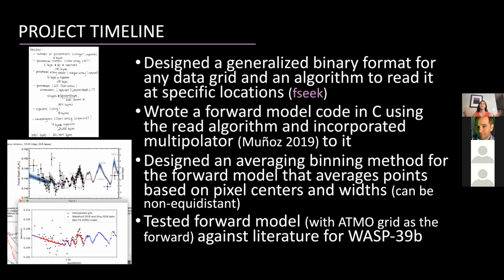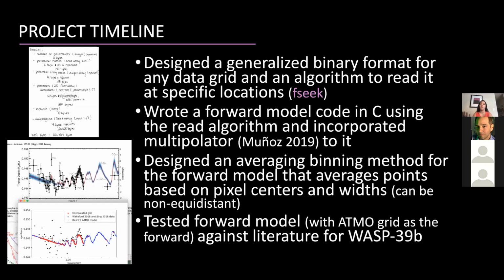This algorithm can seek a specific location based on a specific parameter combination. That means you don't have to read in an entire binary file or an entire database of a grid to find your spectra. You can go directly to the point, which makes our forward code very fast and very efficient.